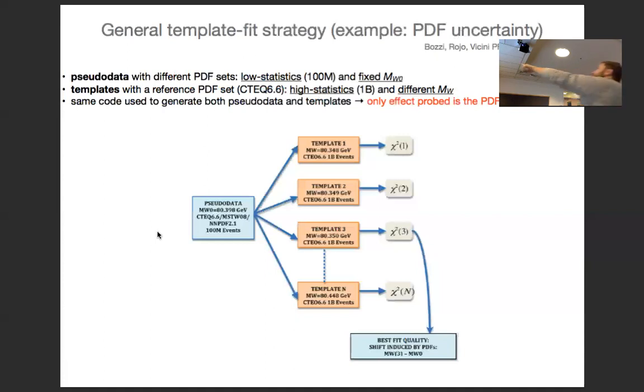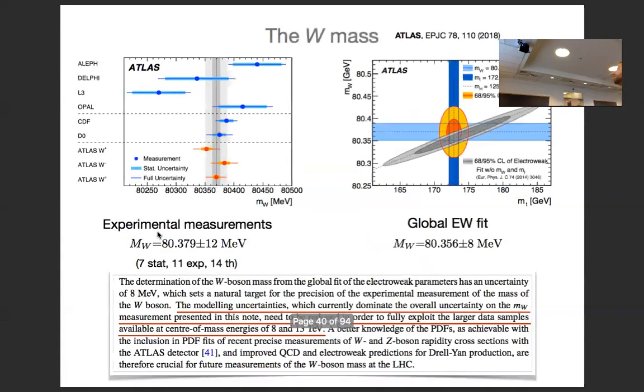Of course, the pseudo data had low statistics and the templates had high statistics, because otherwise you cannot conclude anything from the chi-square fit. And the template that best describes the pseudo data defines the shift induced by the change of PDFs. Of course, if you use the same PDF here and here, you have to find the central value. Okay, so this defines a shift, an error.